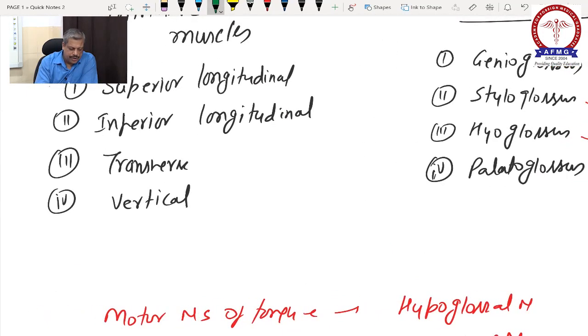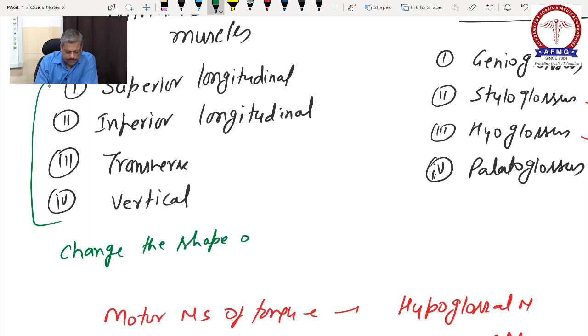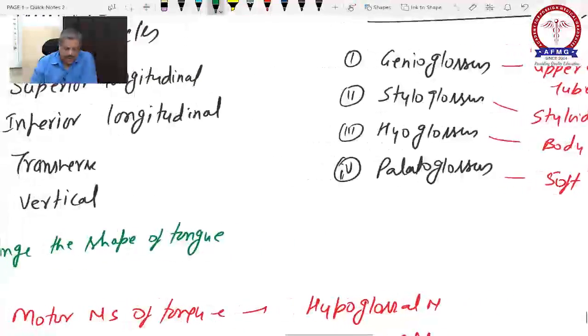So these 4 intrinsic muscles, what are their action? They change the shape of the tongue. While these other muscles, genioglossus, what is the function of genioglossus? It causes protrusion of tongue.